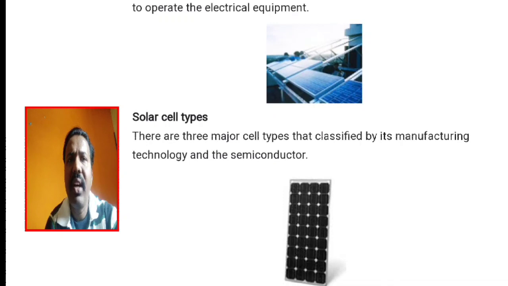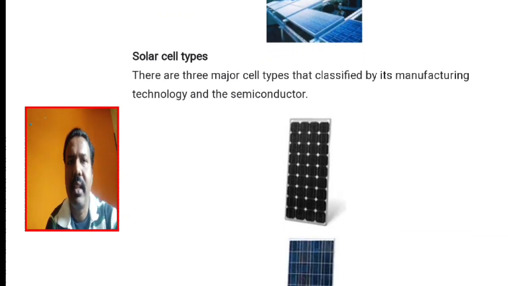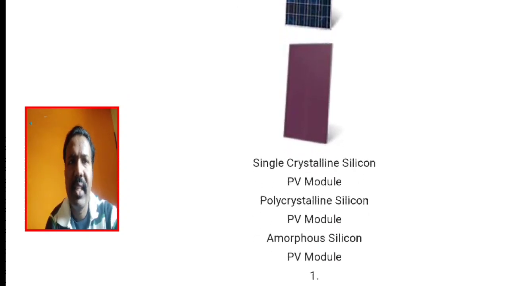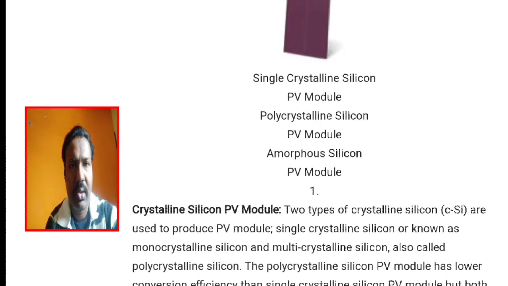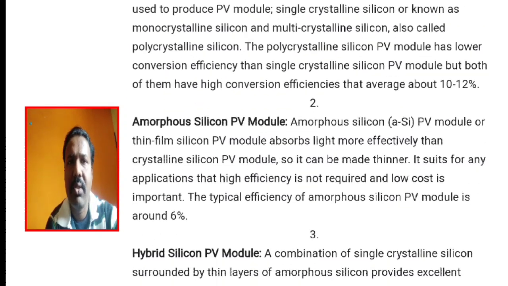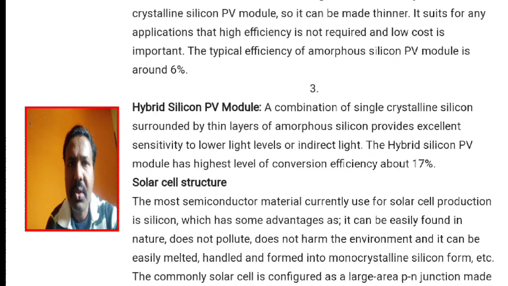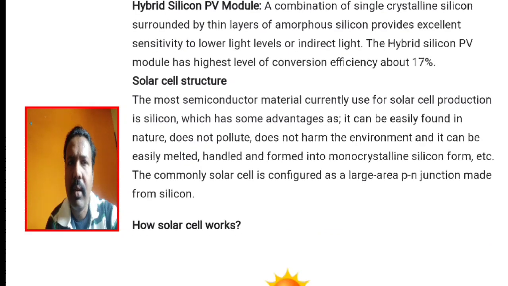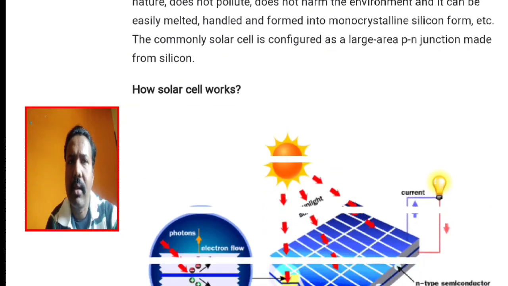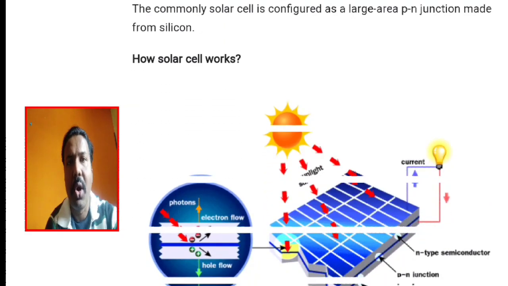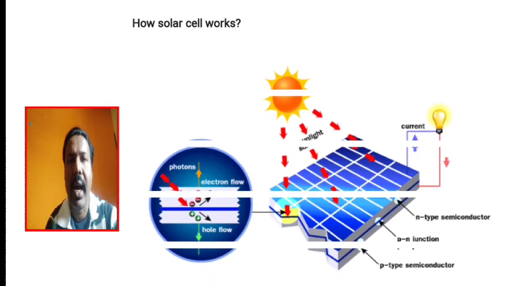There are different types of solar cell. There are three major types. The first one is polycrystalline solar cell, the second one is monocrystalline solar cell, and the third one is thin film. Generally the polycrystalline solar cells are more costly, but they have higher efficiency.